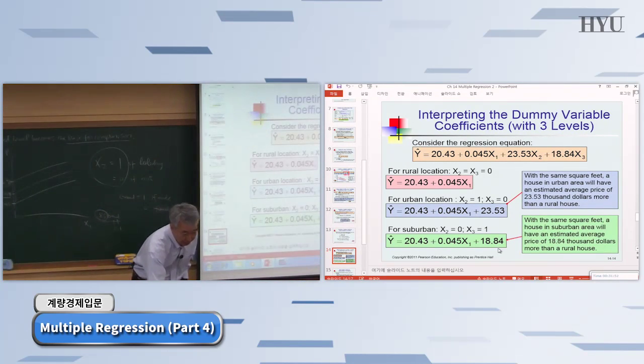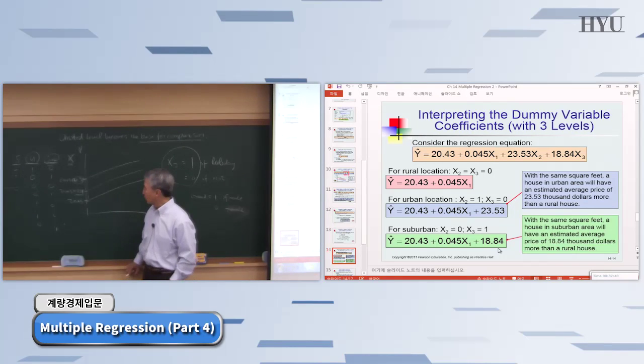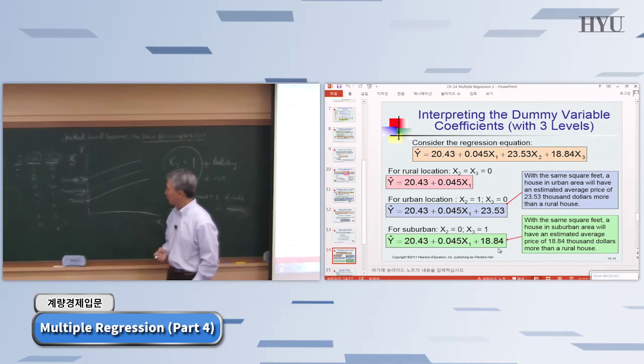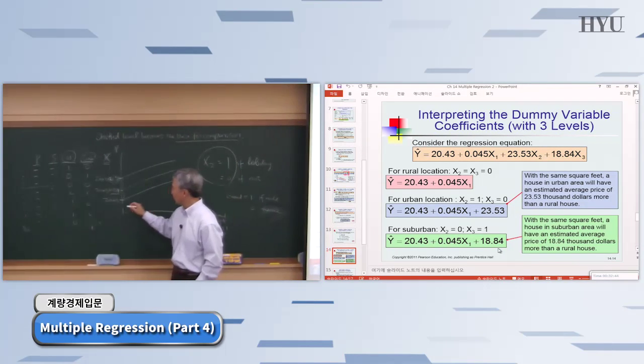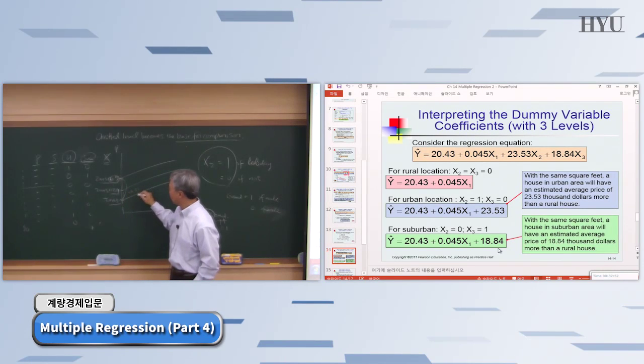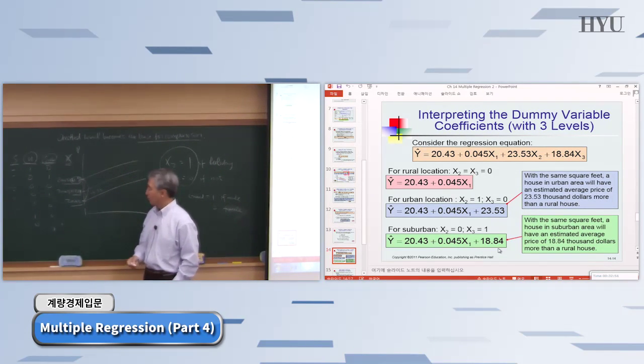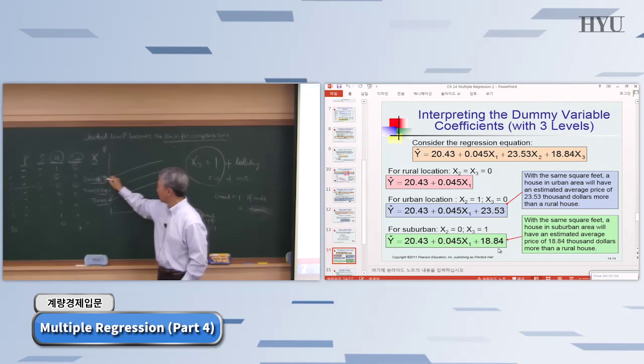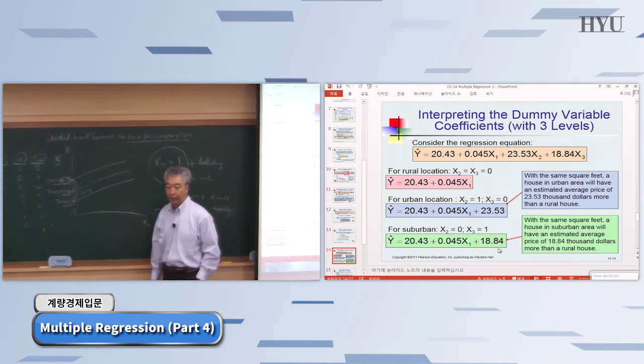Can we figure it out? By looking at this graph, you can easily figure out that if the difference between the rural and the urban is 23.53, then the difference between urban and suburban is simply 23.53 minus 18.84, right?